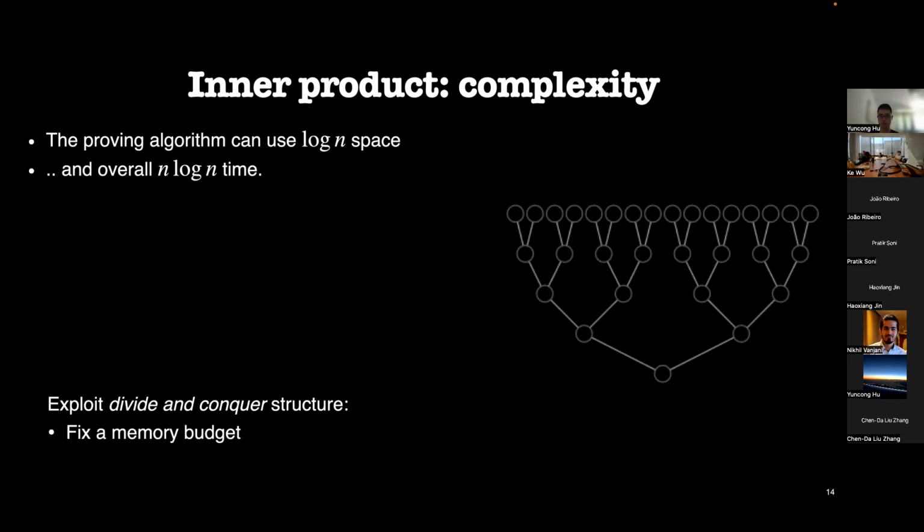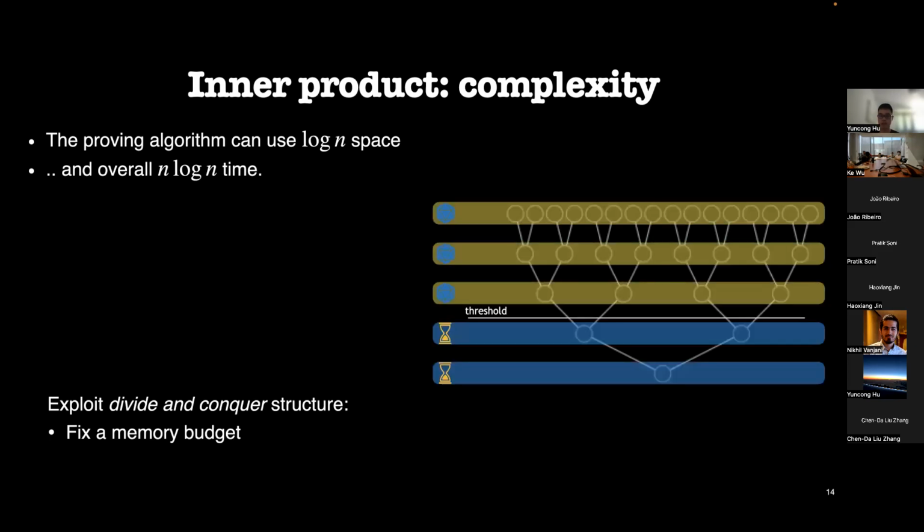There's something cool here: we can actually exploit the divide and conquer structure, this recursive structure, and we will find that at some level the whole vector for this round can be stored in memory. So you can set a threshold level or memory budget, and when the vector size in this round can fit into memory, then from this round you can just use the time efficient protocol to process the rest of the proof generation.